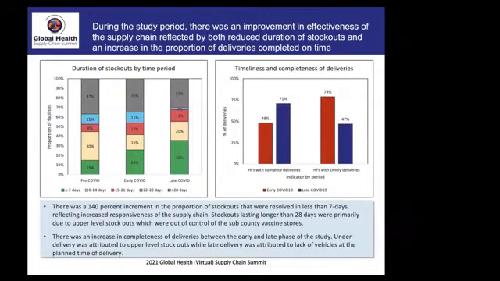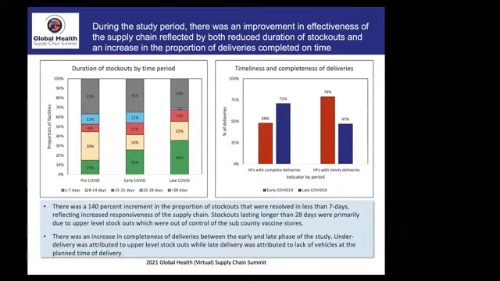So as part of ensuring that we have access and availability of stocks at the lowest level, one of the indicators we were tracking was the number of days it took for one to place an order and get their order fulfilled.